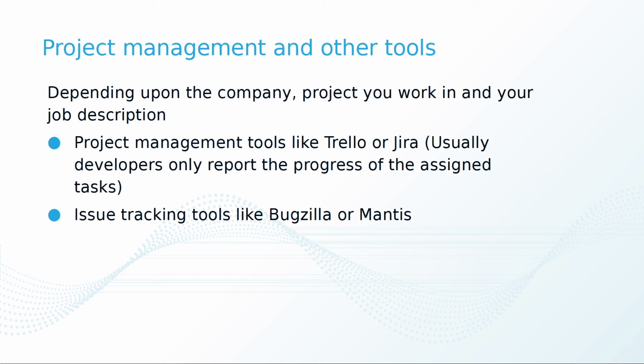And there are issue tracking tools like Bugzilla and Mantis, which track and record the issues or bugs in a software project. So these tools are there to help developers manage projects easily, and not only developers, but the entire team like testers, project managers, and any stakeholders within that project.